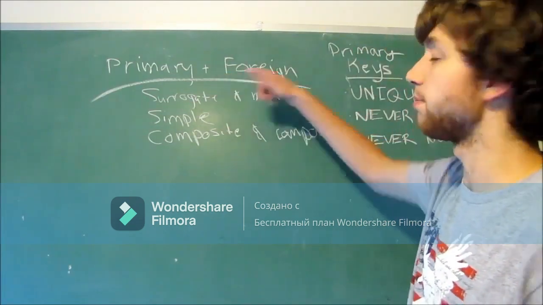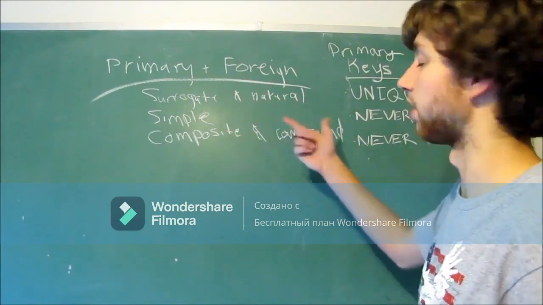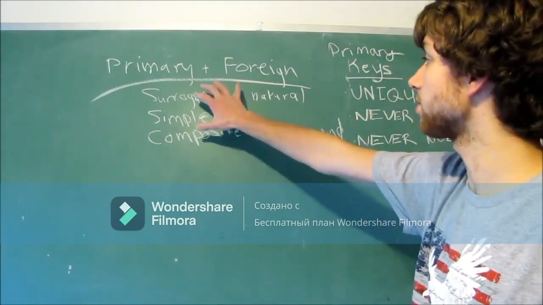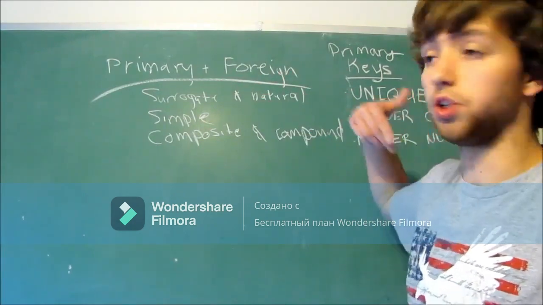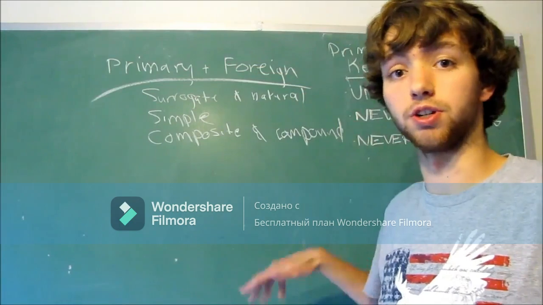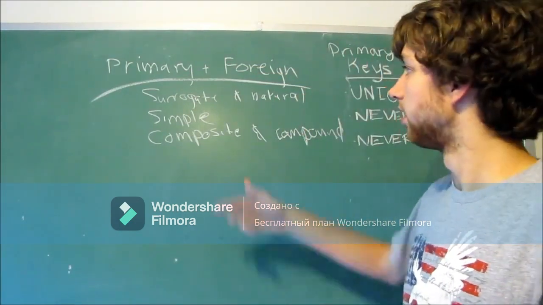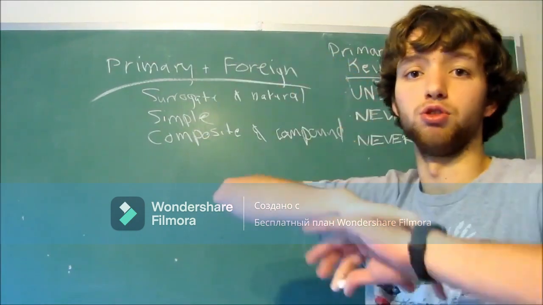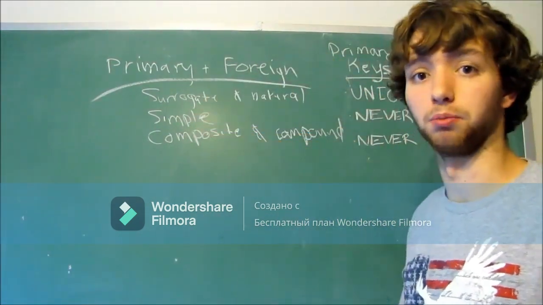When you define your primary or foreign keys, you're not going to have to specify if it's surrogate, natural, simple, composite, or compound. This is for our sake to design the best way. Because, for example, do you want to use composite keys or do you want to use simple keys? That's a good question. If you decide you want to use simple keys, which, by the way, surrogate and natural is something you do throughout your entire database, you can switch back and forth between simple and composite.